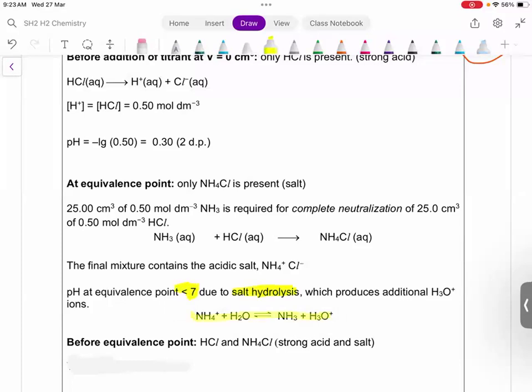This is the equation showing the salt hydrolysis. This is the acid-base reaction representing what takes place during titration. So this is what occurs at equivalence point.